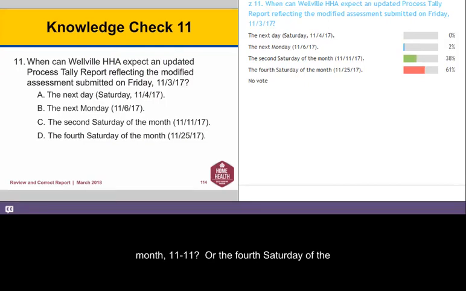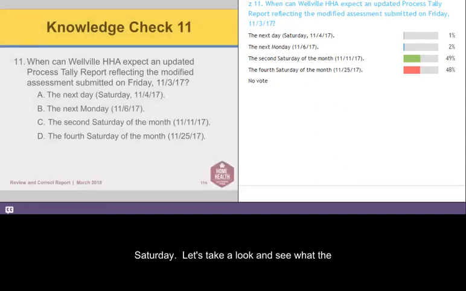Remember that they submitted their modified assessment on Friday, 11/3. And remember what days process tally reports are updated. Click in the circle next to the answer you believe is correct. We seem to be pretty evenly split between the second Saturday and the fourth Saturday. Let's take a look and see what the correct answer might be.